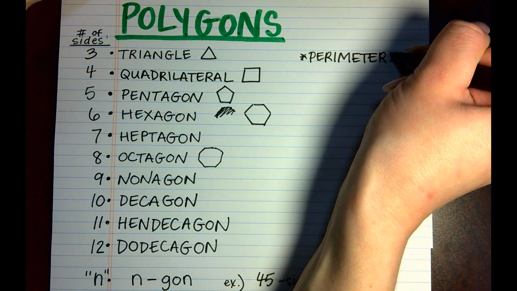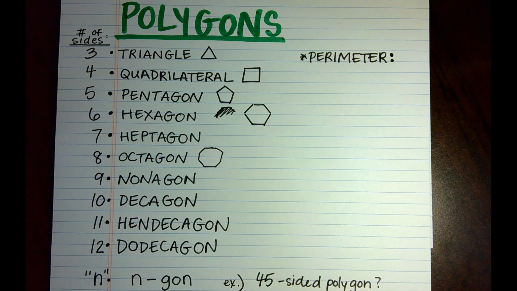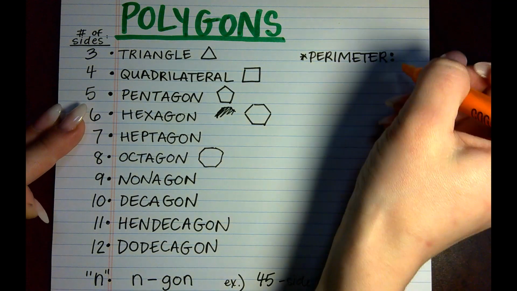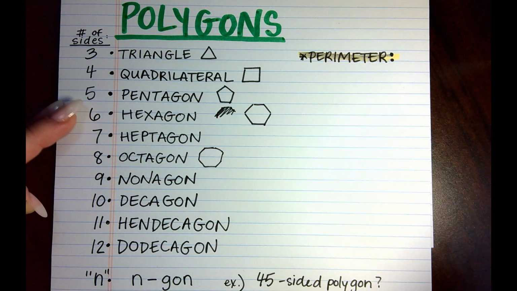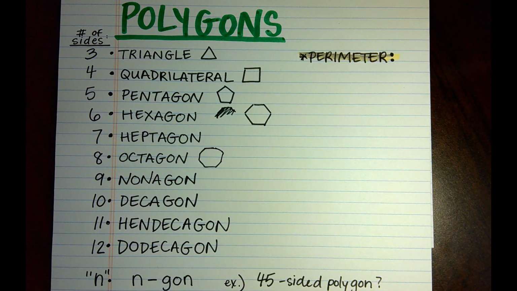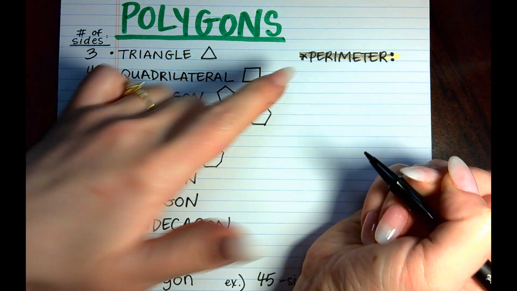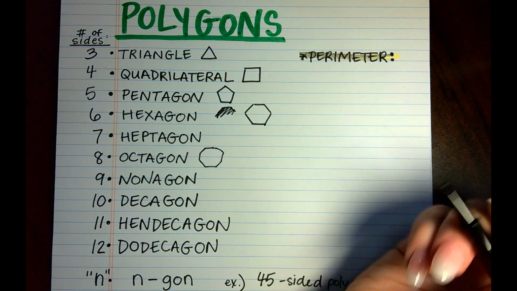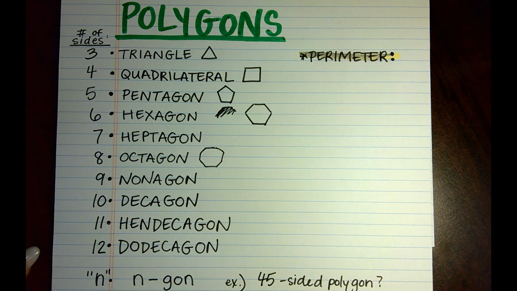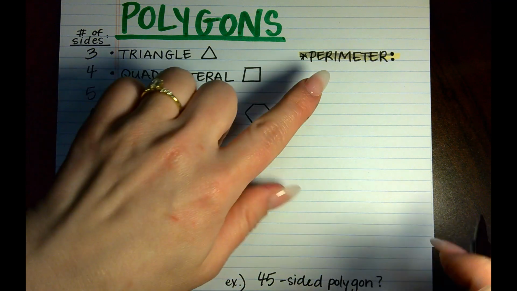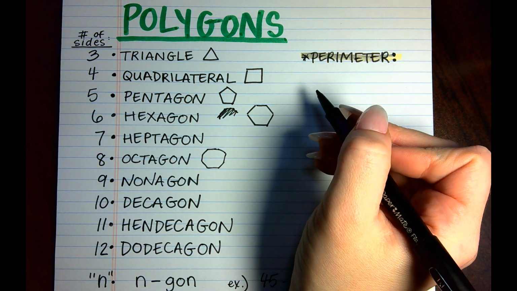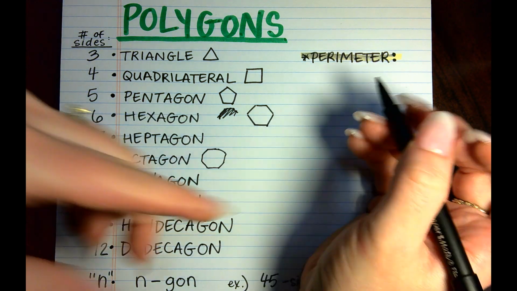You should have learned a little something about perimeter yesterday. The distance around the shape. So let's define perimeter. This is the total distance around a shape, or it's the side lengths added together.